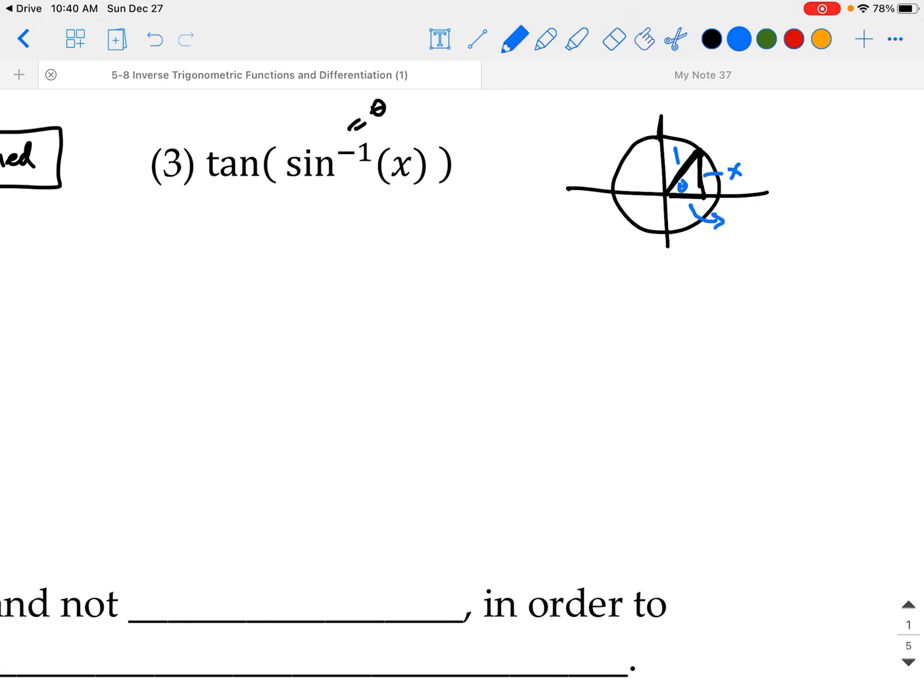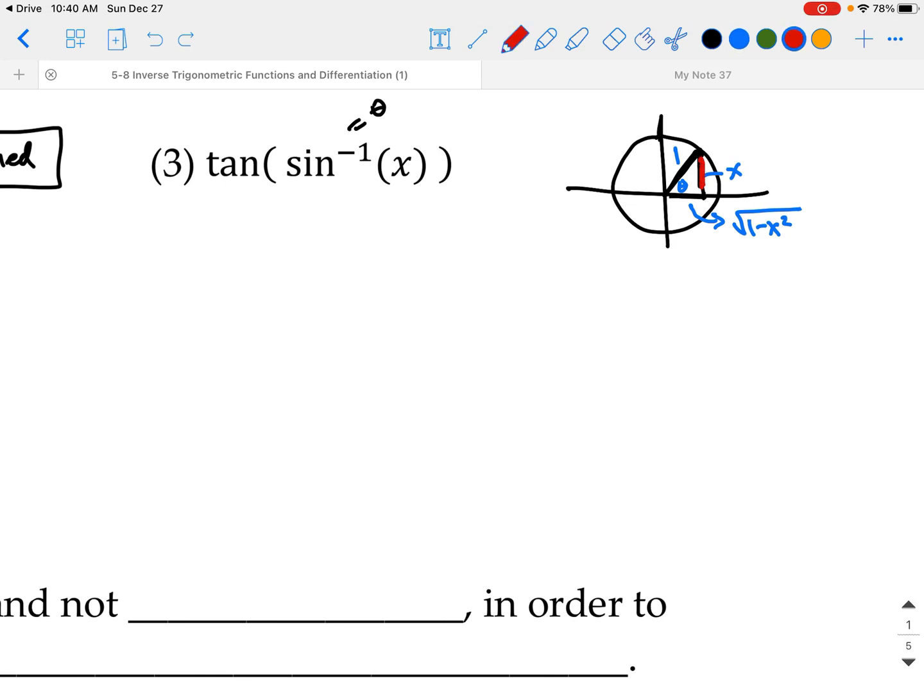which means that the adjacent side, if we use the Pythagorean theorem, is going to give us the square root of 1 minus x squared. You could solve that by doing x squared plus y squared equals 1, and then solving for y. So now what we're doing is taking tangent of our angle theta.